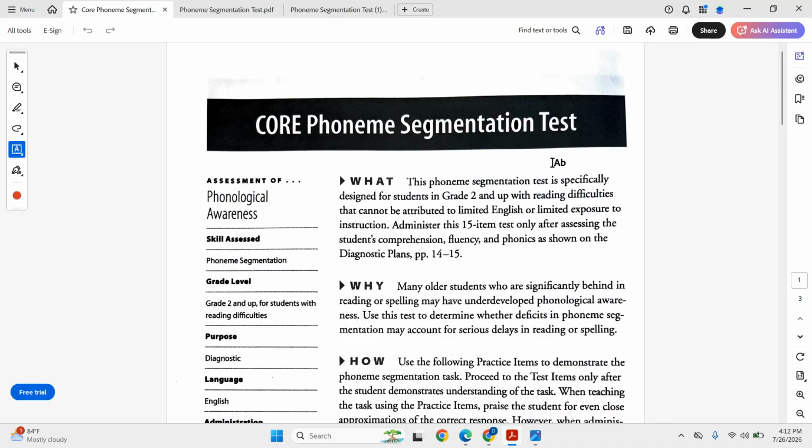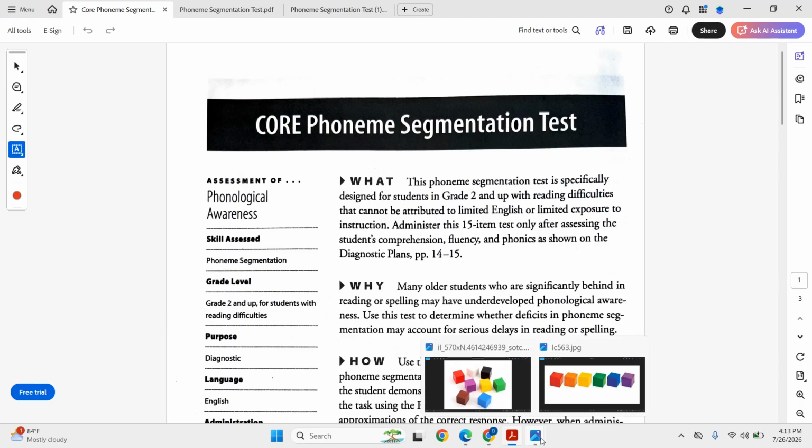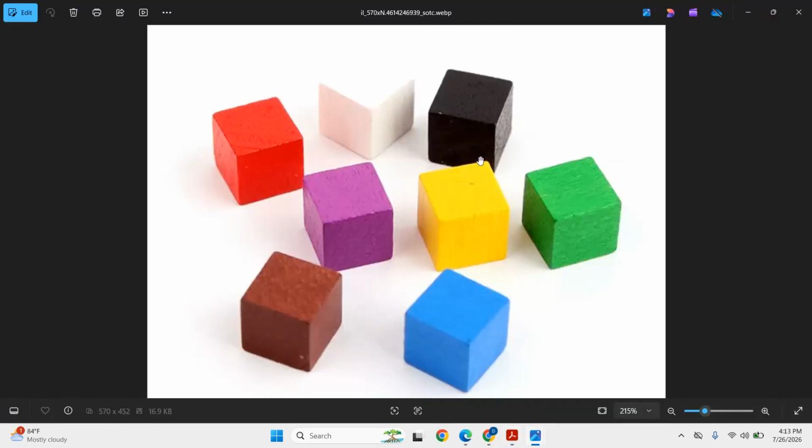Now, there are some materials that you will need in order to administer this assessment. You will gather 8 small colored blocks or cubes. Okay, so you'll have 8 small colored blocks or cubes.